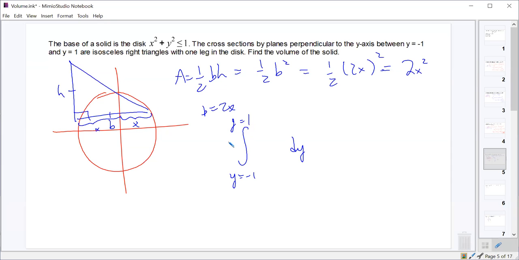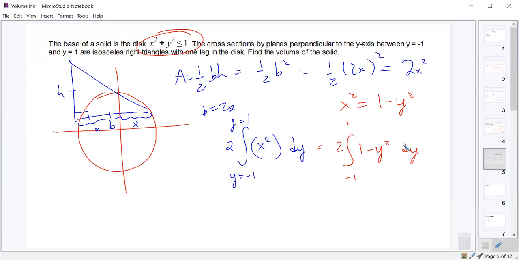And we've got 2 times x squared dy, which means we've got to deal with the x squared, right? And so what does x squared equal? Should just be able to go back to our original problem. X squared is equal to 1 minus y squared. And we should end up with 2 times the integral from -1 to 1 of 1 minus y squared dy.